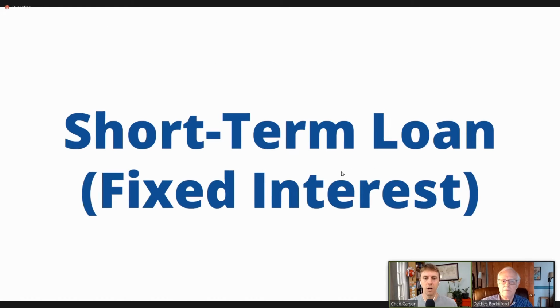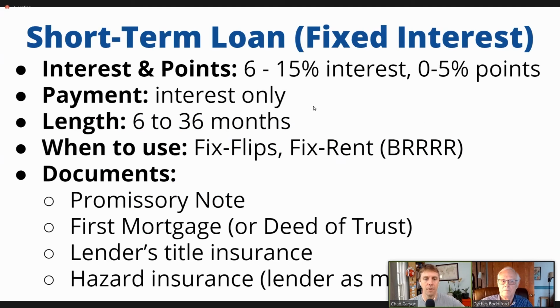So let's start off talking about short-term loans with fixed interest. I'm going to give you just an overview of what this tool looks like, and then I want Dykes to give his feedback as well. The basics of what I've seen with short-term fixed interest loans: you might use these for a fix and flip property. These are also ones that you might use for a property you're buying to rent, but you need to fix it up in the first place.